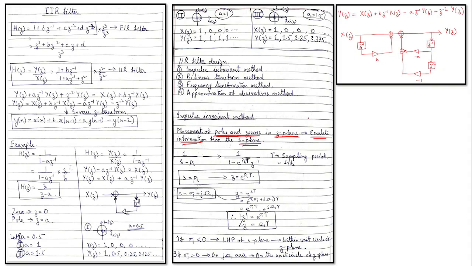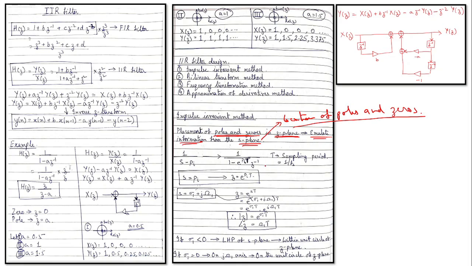What information do you want to emulate from the S plane? The information about the location of poles and zeros. Okay. So after having the information from there, then only we can go for the designing of this.